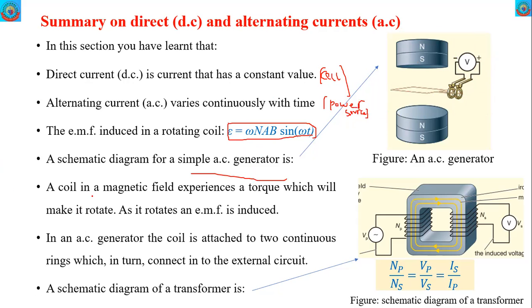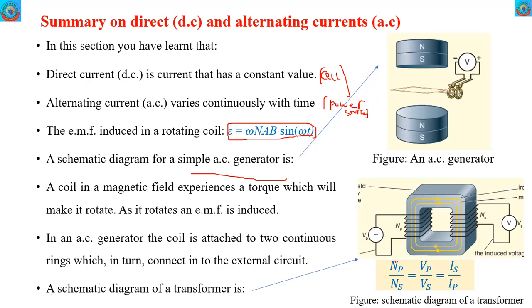A coil in a magnetic field experiences torque, which will make it rotate. As it rotates, e.m.f is produced due to the rotation of the coil. In the AC generator, the coil is attached to 2 continuous rings, which in turn connect to the external circuit.